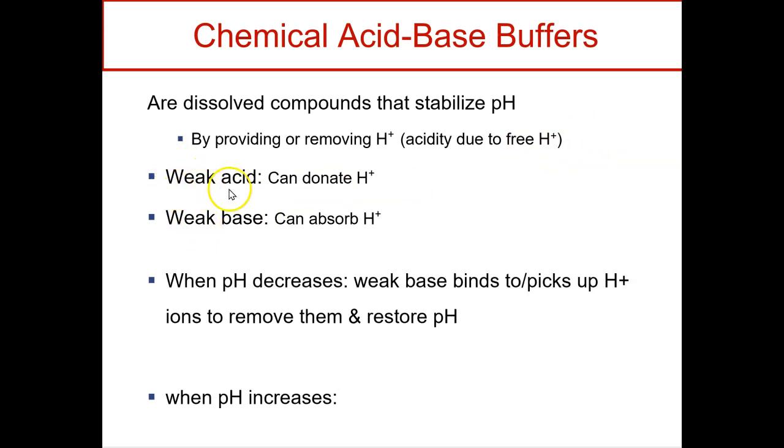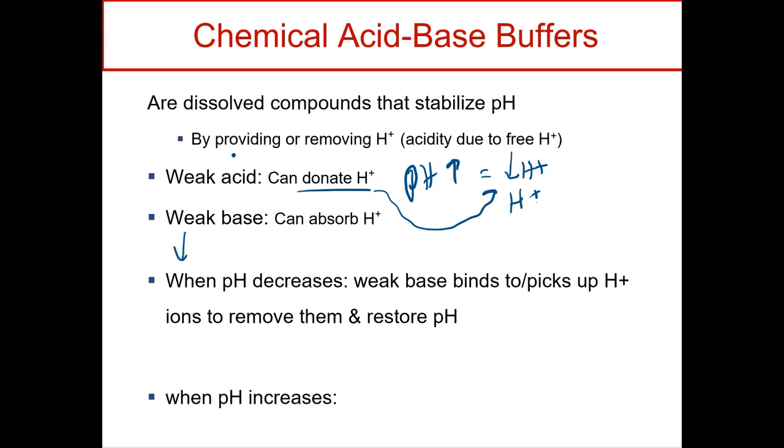So a buffer pair has a weak acid and a weak base. The acid will donate the hydrogen. So if your pH level has gone up, remember the reason it's up is that you don't have enough hydrogens. There's too few. So now you want the acid to donate hydrogens to bring them back to normal.